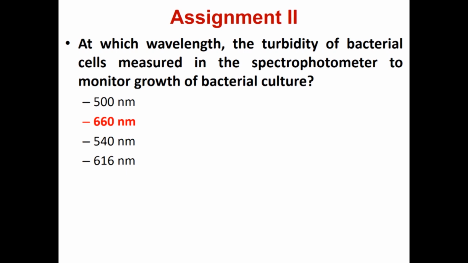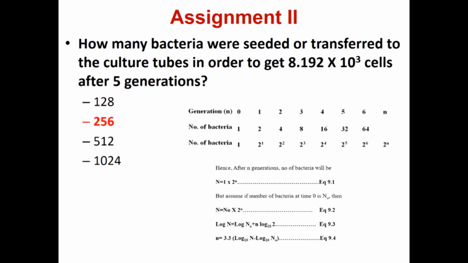The scattering is very pronounced when you measure it at 660 nanometer, and that is why the correct answer is 660 nanometer. Now, let us move to the next question.